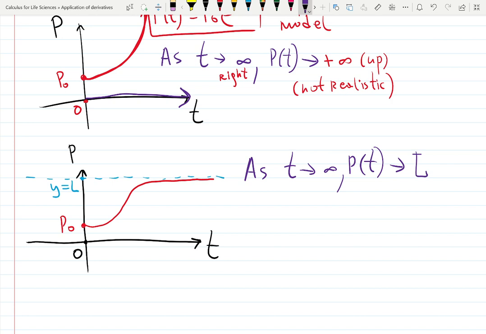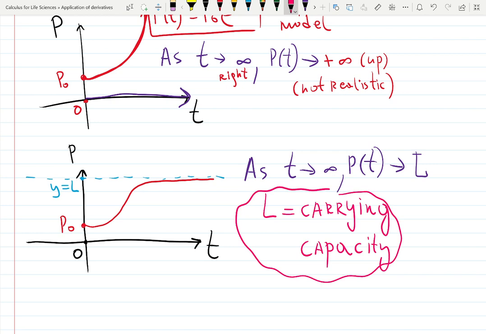And L will be called the carrying capacity. L is the carrying capacity. This is actually a new term for me. I mean, I heard it many times, but to be honest, L is called so many different ways. So in this class, I decided to fix the term carrying capacity, but different books do mention different terms.